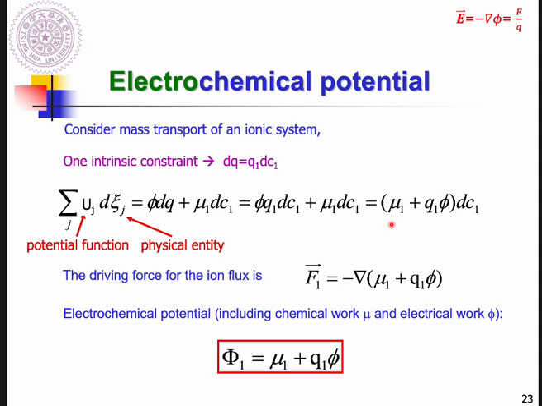Based on this, we know the driving force for the atomic flux will be, we take the gradient of this one. So the driving force for the ion will be the gradient of the potential term. The potential here you can interpret as the chemical potential plus the term induced by the electrical field acting on this material, which is Q1 phi.